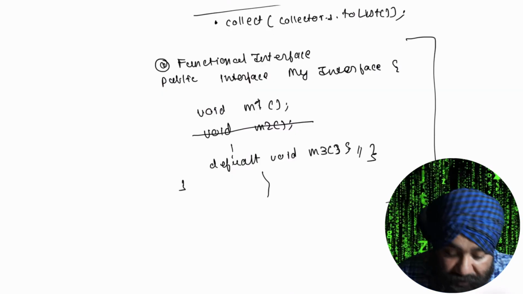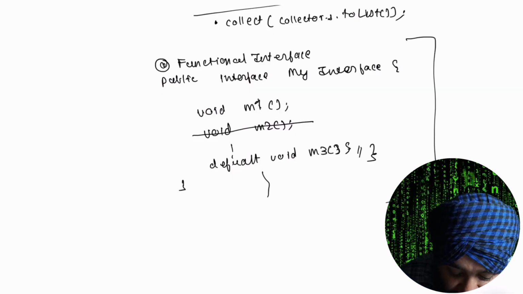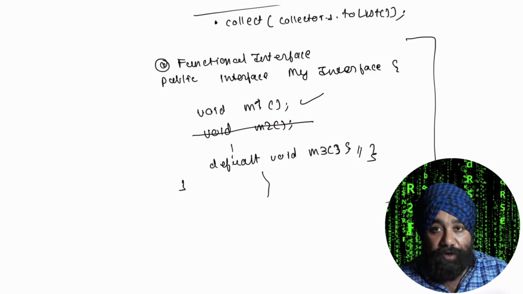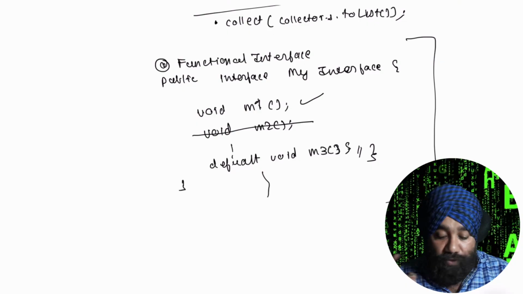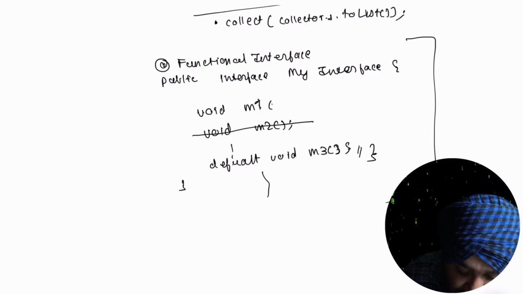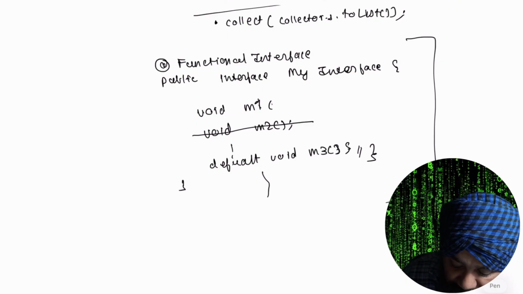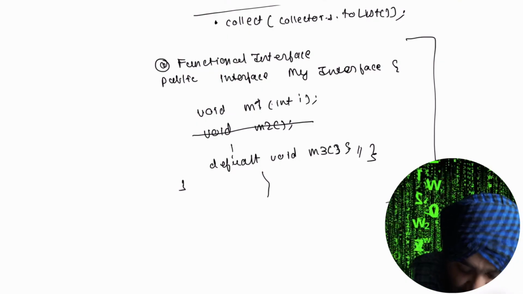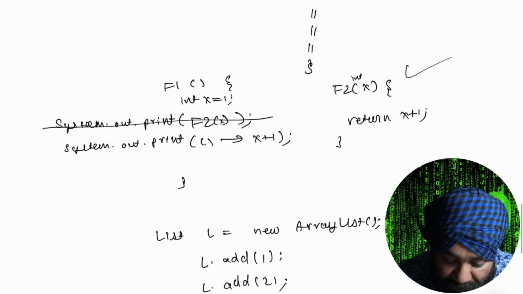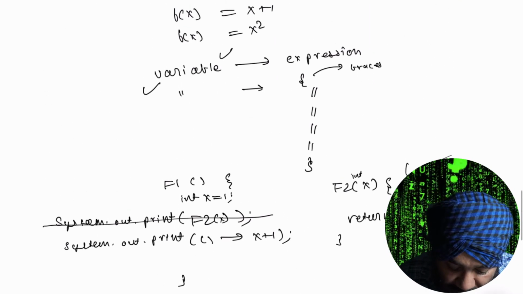Okay. For example, in this case, we have an m1 method, which is void in return type, and it takes no arguments. For understanding, let's modify it a little bit, and suppose we say that it takes an integer argument. Okay, and it does something. So now we created a lambda expression here, if you remember this one.